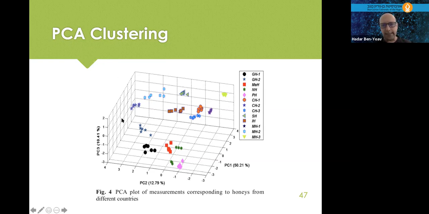It finds planes that differentiate the clusters from each other. For example, it finds a line between this cluster and this cluster, a plane that will be equidistant from both of them.